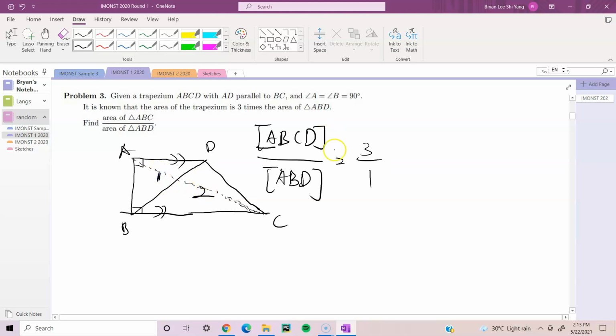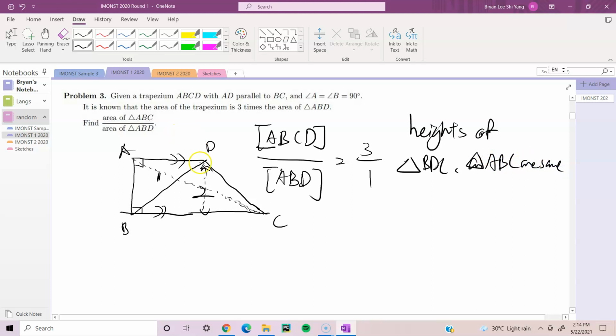unit again. Now, observe that the heights of triangles BDC and ABC are the same, okay? The heights of triangle BDC and triangle ABC are the same because AD and BC, as previously mentioned, are parallel to each other.